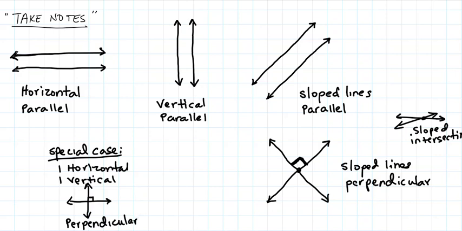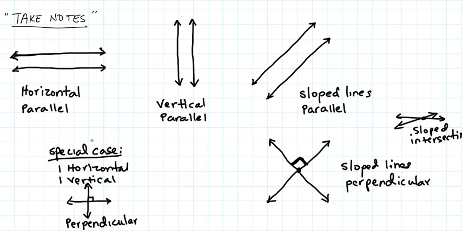So this is the first part that you need to understand. Two horizontals are parallel, two verticals are parallel. Sloped lines can be parallel, perpendicular, or just intersecting. And there's a special case between the horizontals and the verticals. If you have one of each, then they're perpendicular.